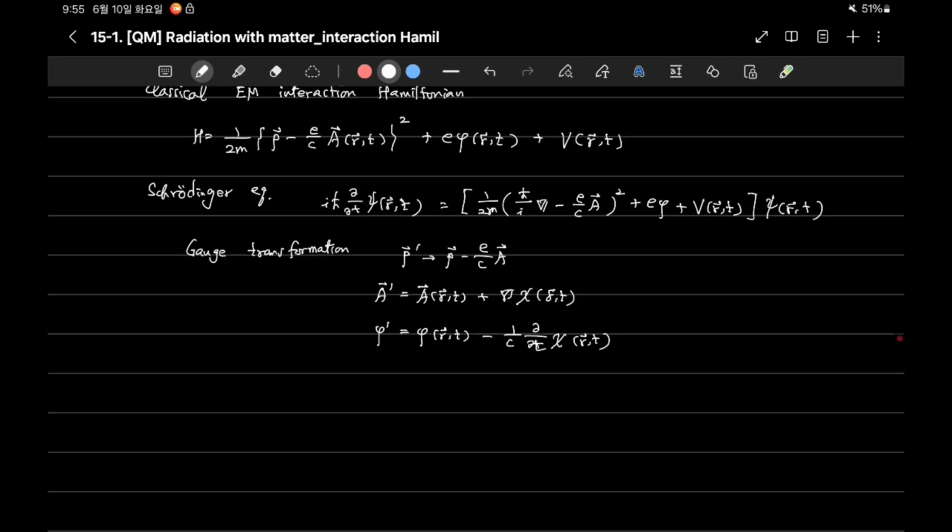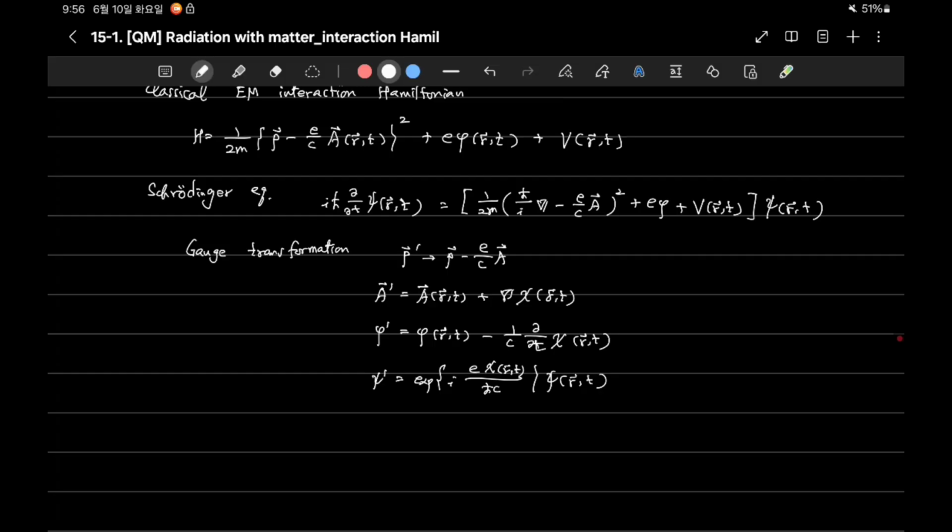Also here ψ prime is the time-dependent exponential exp(ieχ/ħc) times ψ(r,t), where χ is a function of r and t. That is what we call a gauge transformation.